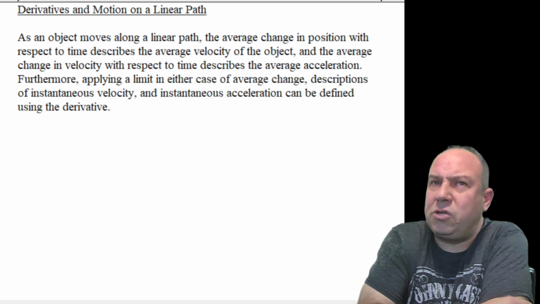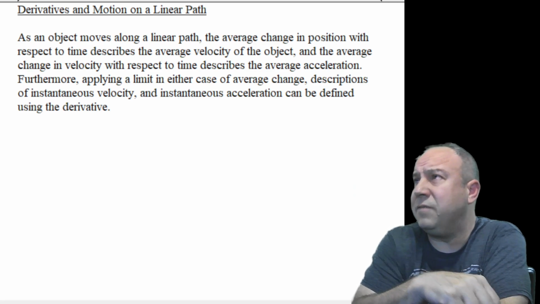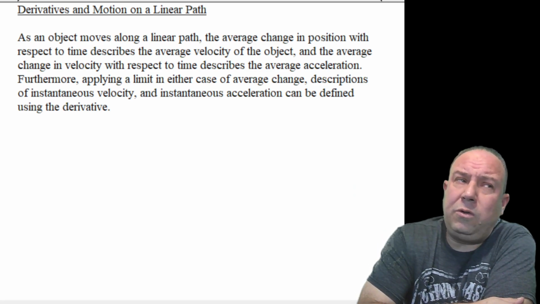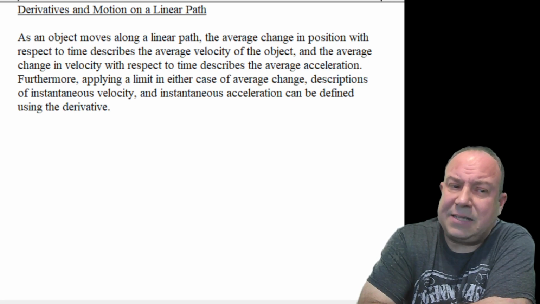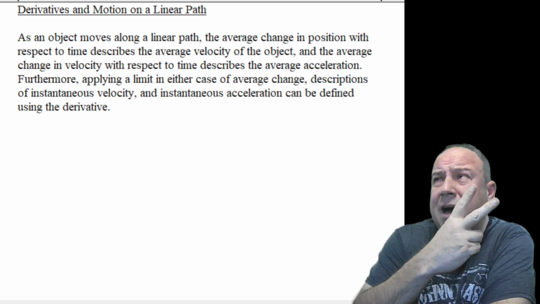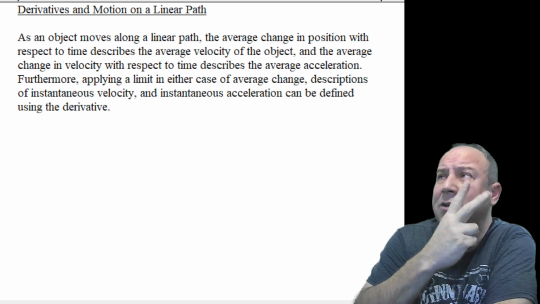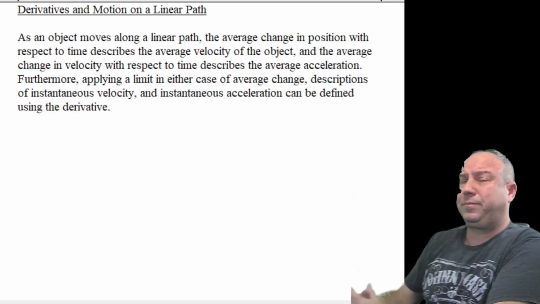When we talk motion and we begin discussing motion in space and the concept of derivatives, you only have the concept of a derivative, particularly for a two-variable relationship where you have one independent value and one dependent value.